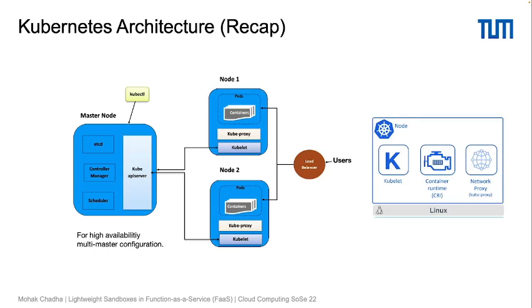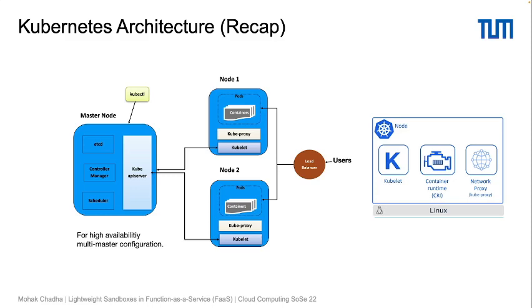Okay. So I think every one of you is familiar with Kubernetes, right? On the left, you see the Kubernetes architecture. It has several components, from kubectl to etcd. kubectl is the command line interface through which you can interact with your cluster, and etcd is the key-value database for storing all the cluster information.